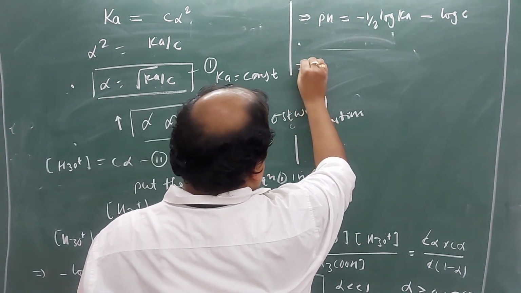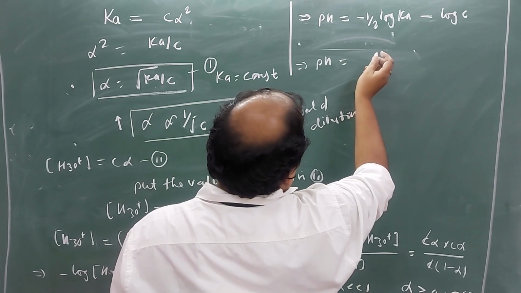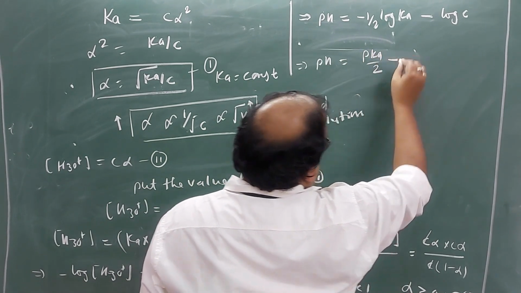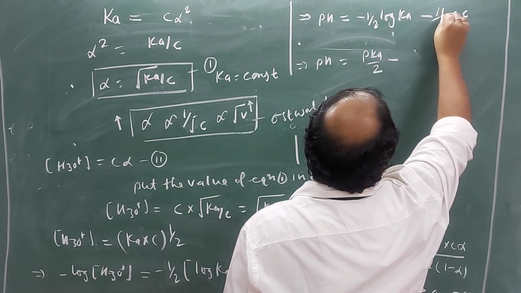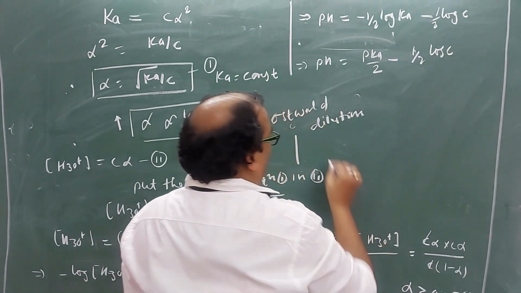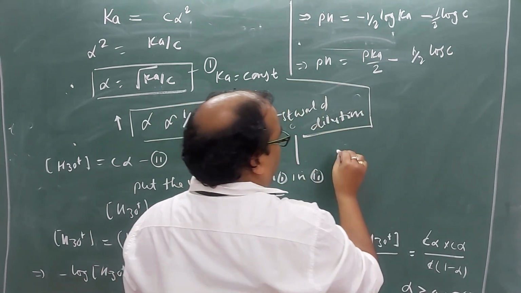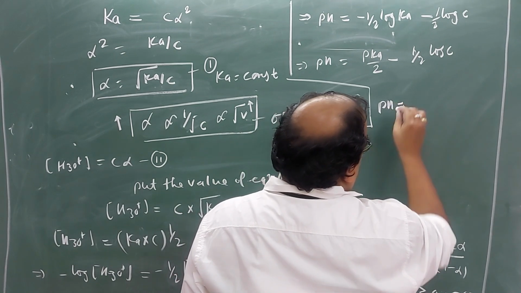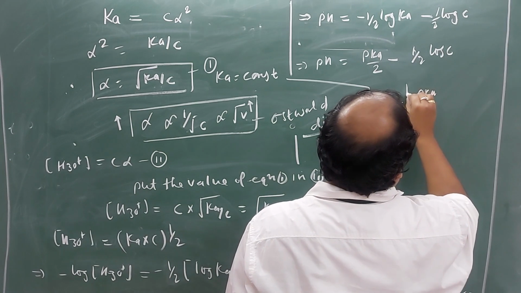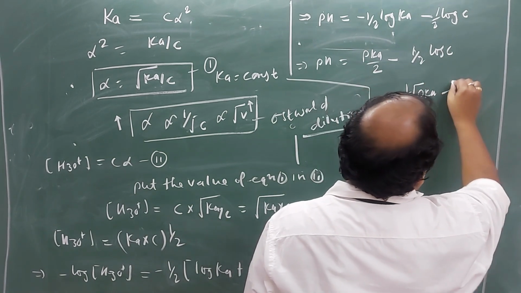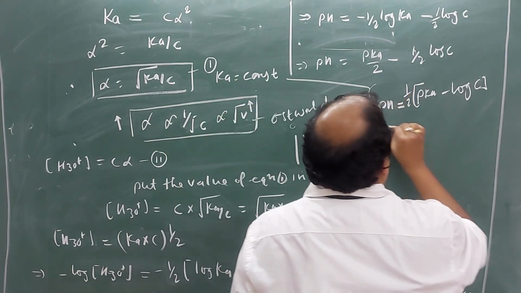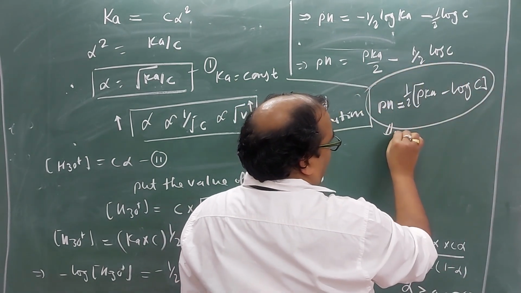So we can write here pH is equal to pKa upon 2, sorry, 1 upon 2 pKa minus 1 upon 2 log C. So finally pH of weak acid is equal to half pKa minus half log C. So this is the final pH of the weak acid.